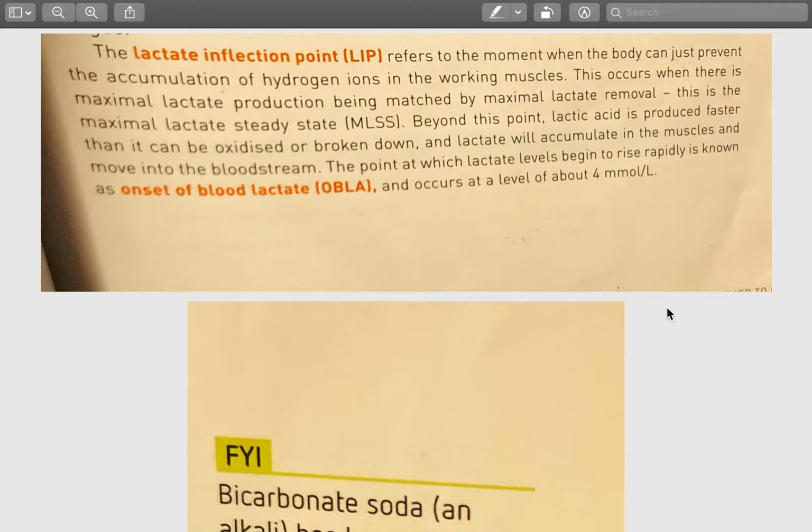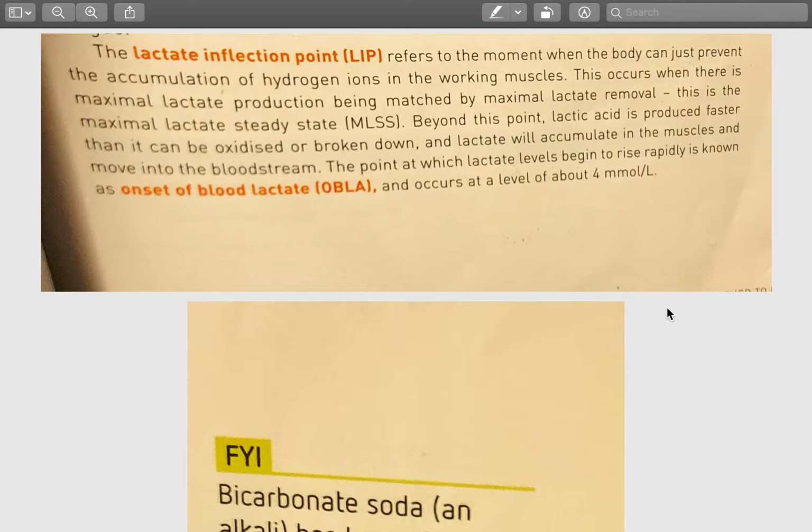So what's happening is our body is producing hydrogen ions, and every time we produce hydrogen ions, that is also producing lactate, which is a lactic acid. The body is able to take that lactic acid, or the lactate, in the bloodstream over to the liver, turn it back into glycogen, which is a great thing because it's more energy.